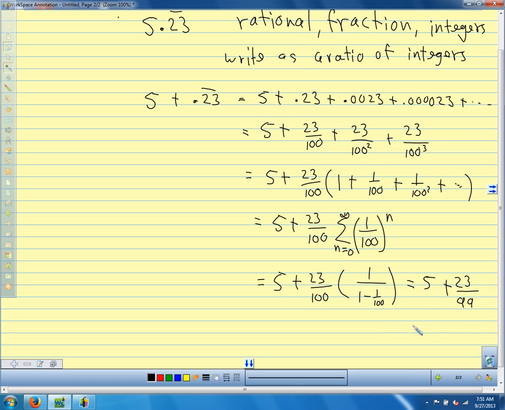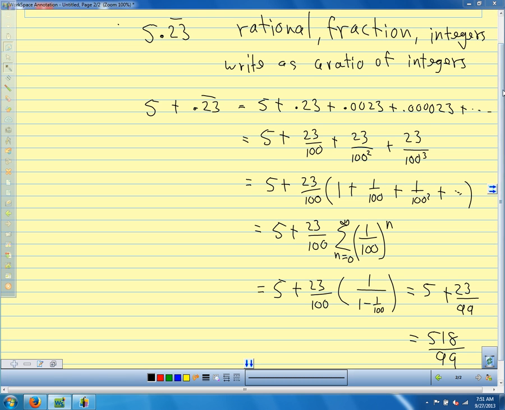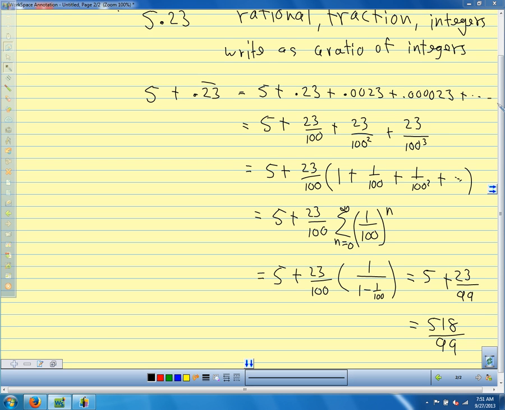And if I write this as an improper fraction, 518 over 99. And now we've written this repeating decimal as a ratio of integers using a geometric series. Isn't that a nice thing?